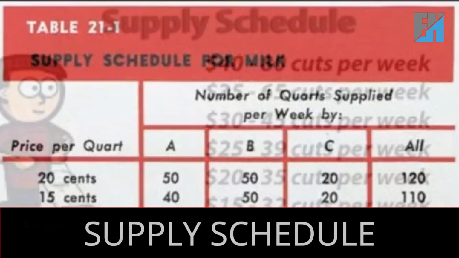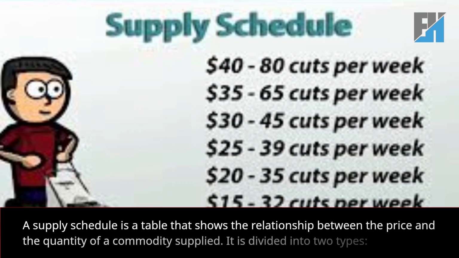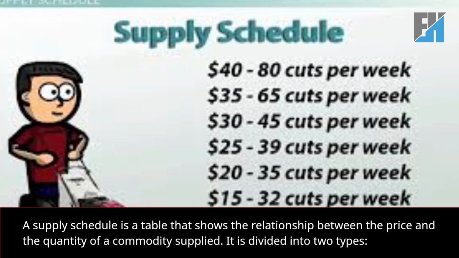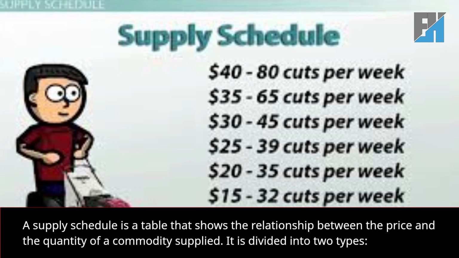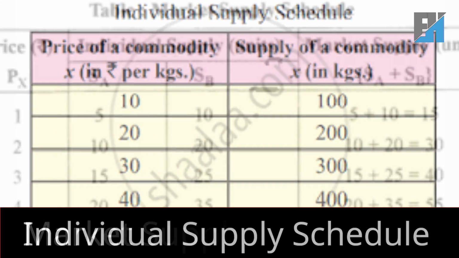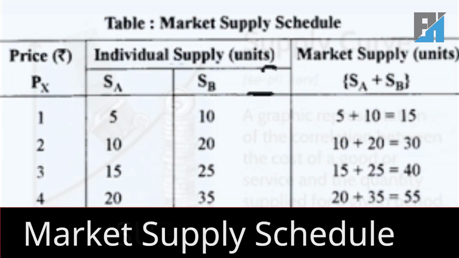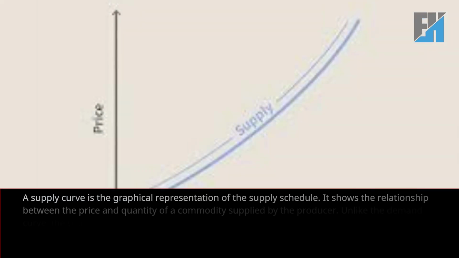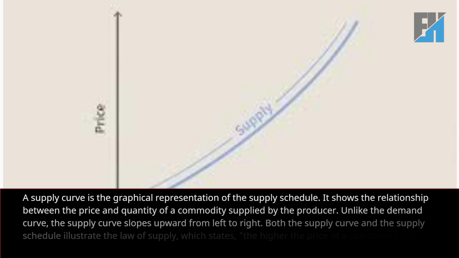Supply schedule. A supply schedule is a table that shows the relationship between the price and the quantity of a commodity supplied. It is divided into two types: individual supply schedule and market supply schedule. Supply curve. A supply curve is the graphical representation of the supply schedule.